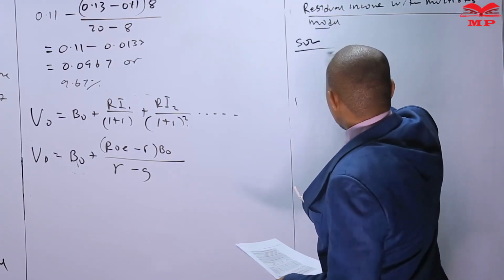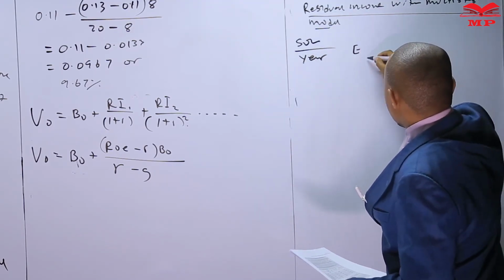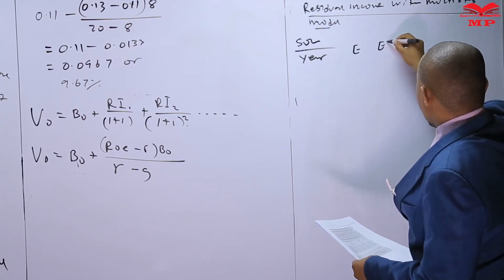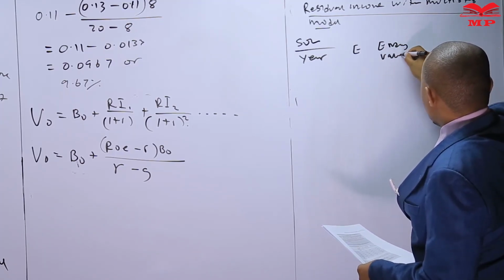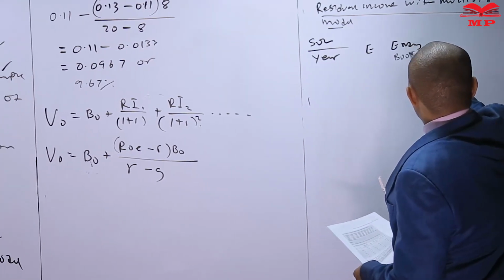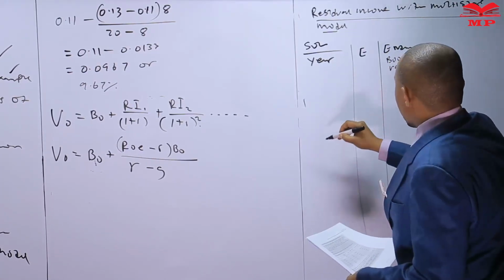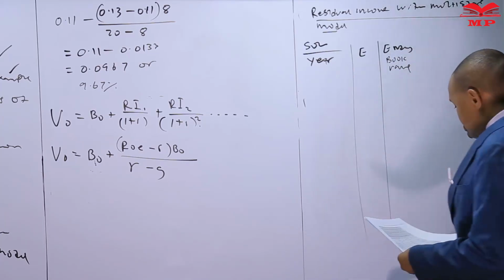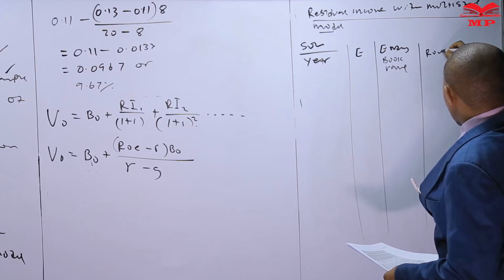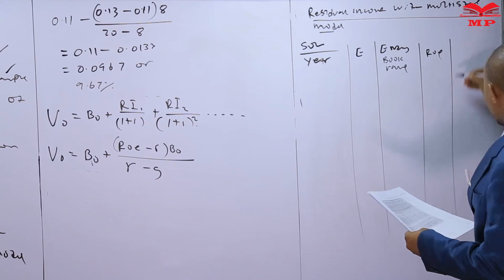Once we have that table, we can do the following. So we say solution, the year. We have the earnings, E. Then we have the ending book value. We can draw it in the form of a table like that. Then we also require the ROE given to us, and then the equity charge.